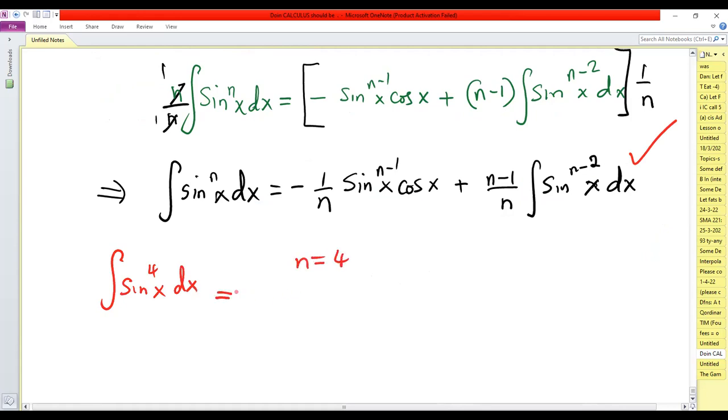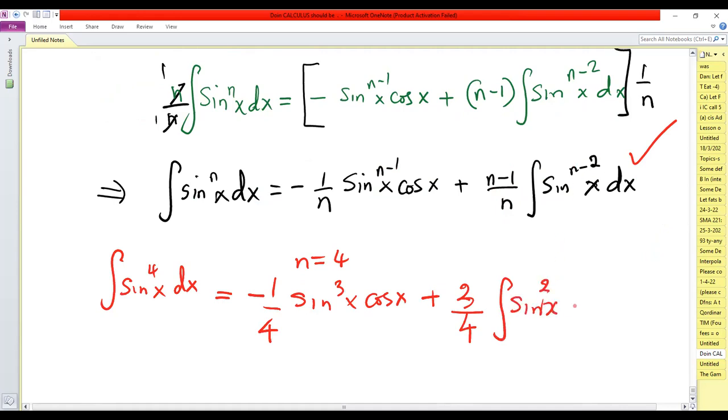So it will be given by negative 1/4, 4 minus 1 is 3, so sine power 3 x cosine of x plus 4 minus 1 is 3, over 4, integral of sine, 4 minus 2 is 2, x dx. Let's call this one equation 1.